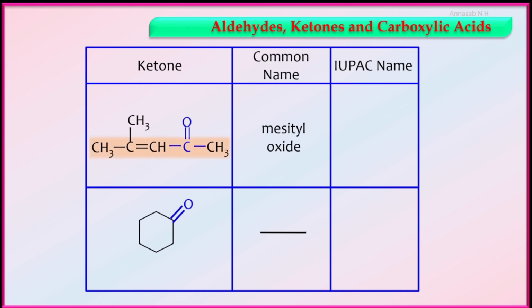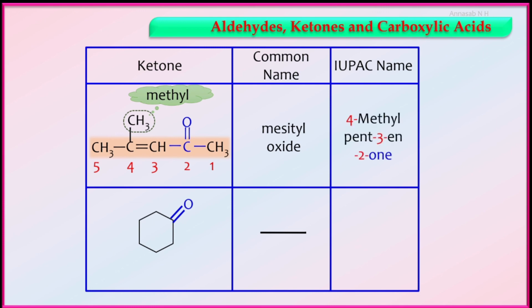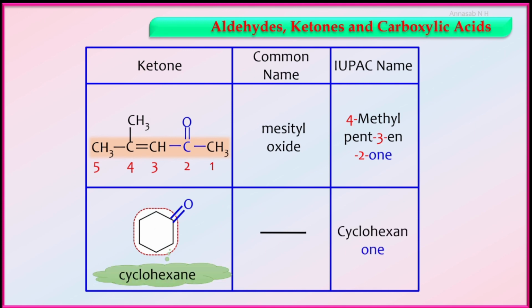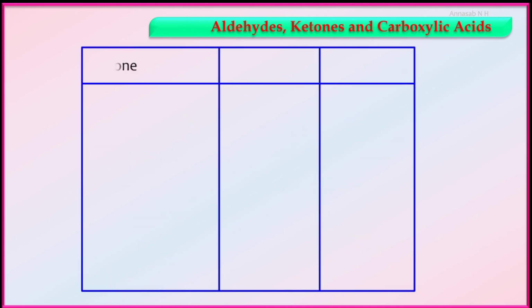There are a total of 5 carbon atoms, the 4th carbon atom contains CH3 or methyl as a branch, and there is a double bond between the 3rd and 4th carbon. So the name for the compound is 4-methyl pent-3-en-2-one. The next compound's IUPAC name is cyclohexanone. Last few more examples.